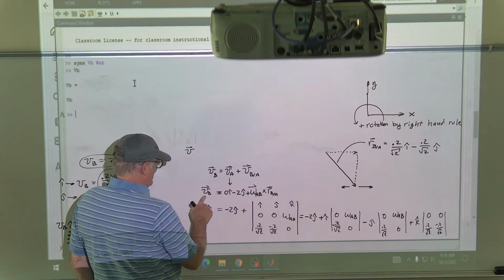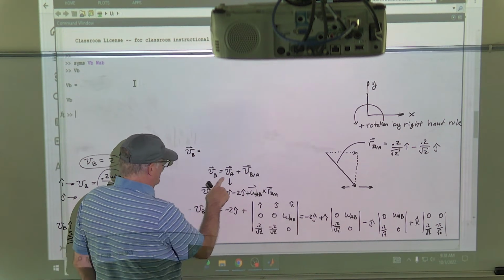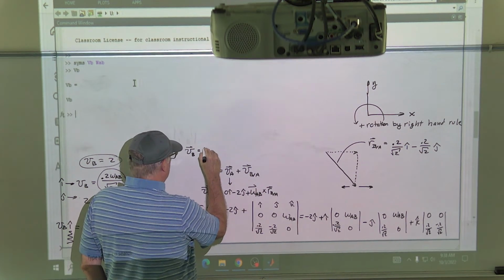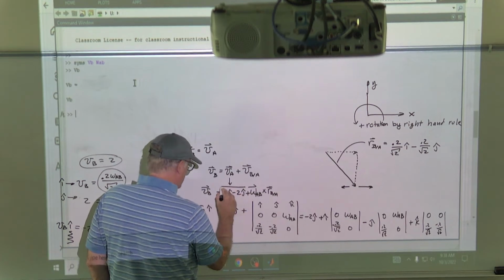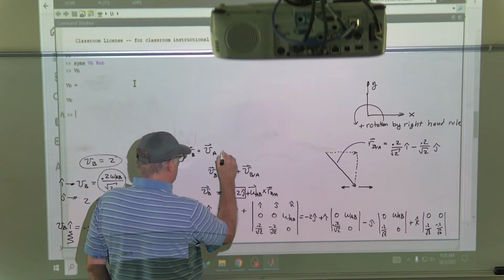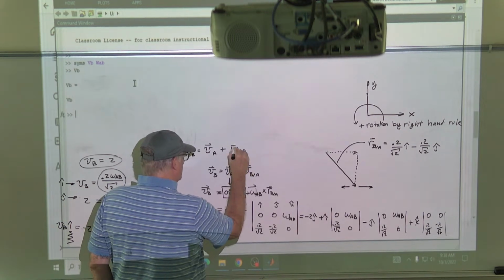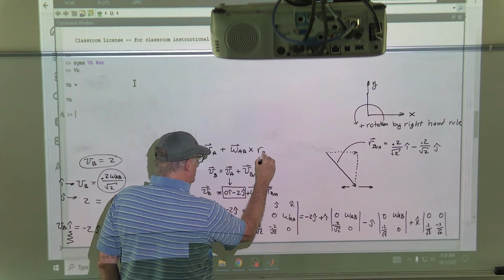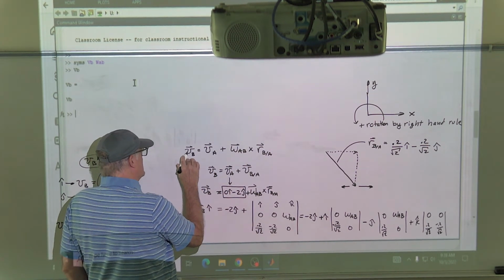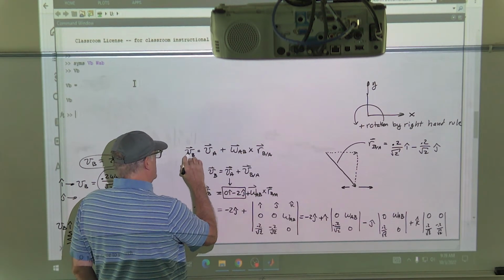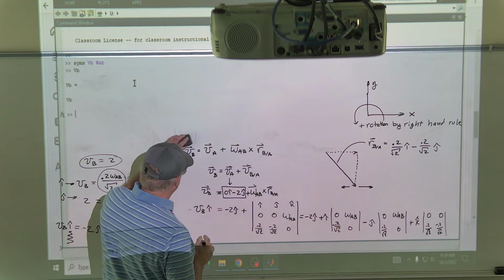Here's what I'm going to do. I'm going to take this as a vector. Oh, sorry, PB. I'm going to take that as a vector, which I'm going to define as this term, and you'll see me define that. And then I'm going to cross the omega AB with the R B to A. And I might take that VA and put it on the other side and call it an equation.